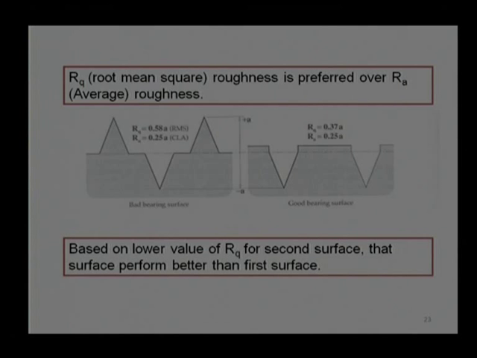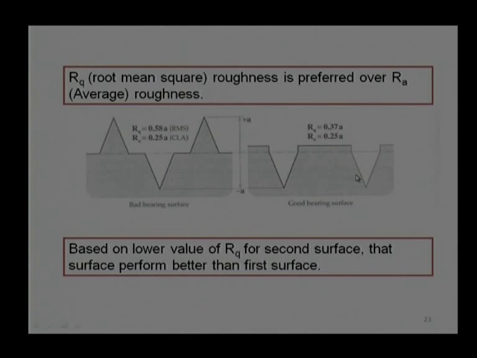In addition, this kind of surface is preferred from a wear point of view. When one surface wears against the other surface, there will be some generation of particles, and if these particles come between two surfaces, they will reduce the area of contact, the real area of contact. That is harmful. That reduction in area of contact will increase the stress value, and there is a possibility of jamming two components or a high wear rate.